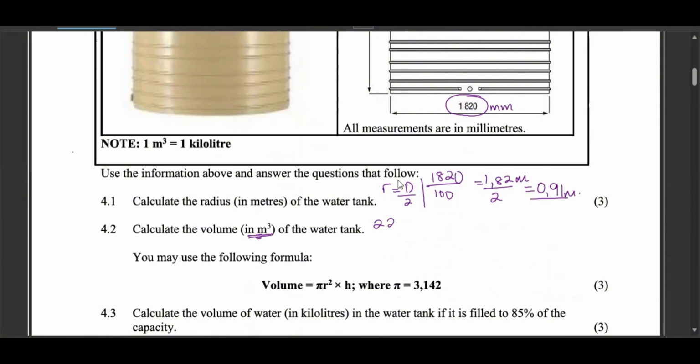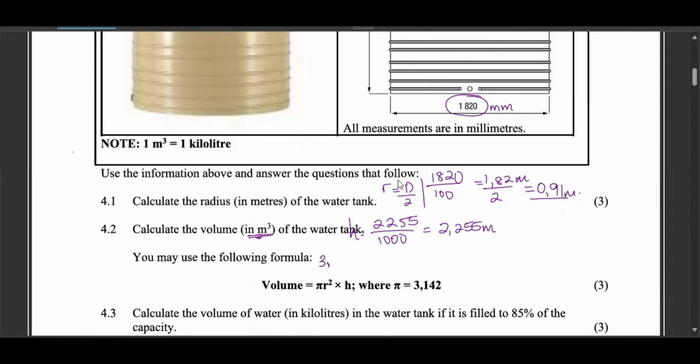So 2,255 divided by 1,000, the answer became 2,255. These are meters. And this represents our height. So we are good to go. Let's substitute into the formula. The formula says pi r squared times h. So our pi is 3,142.